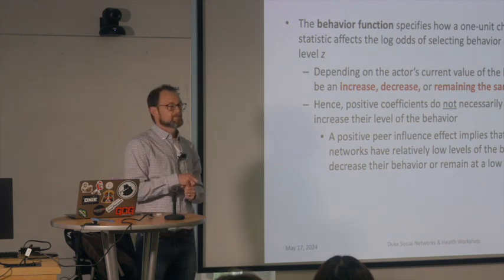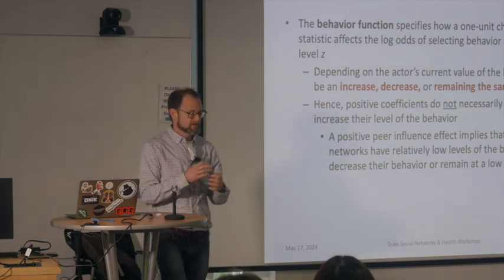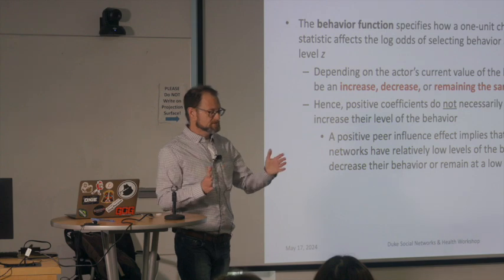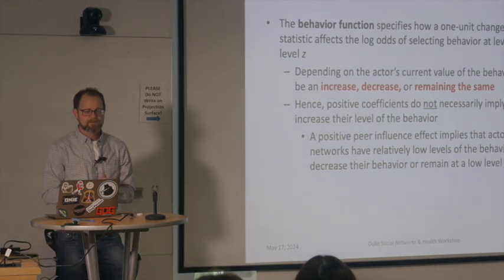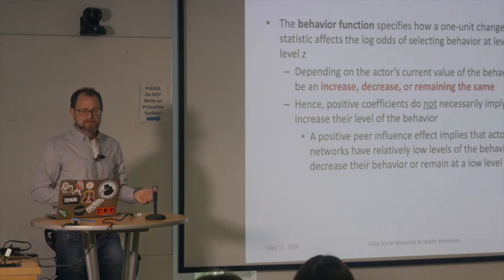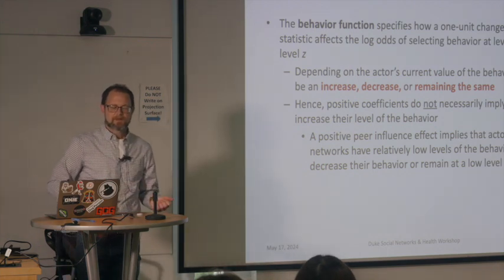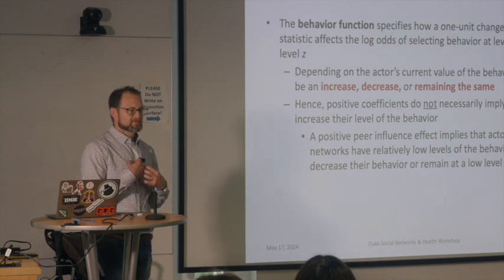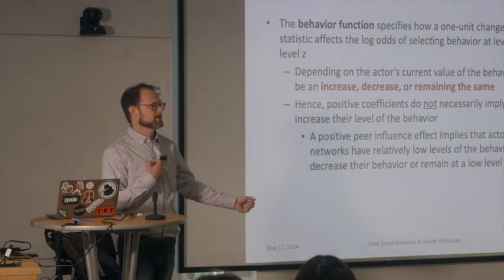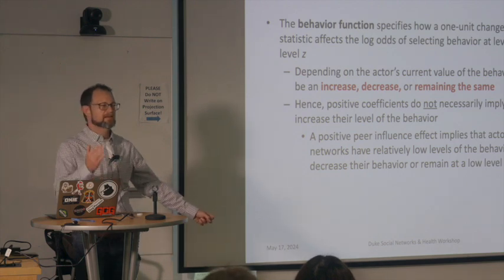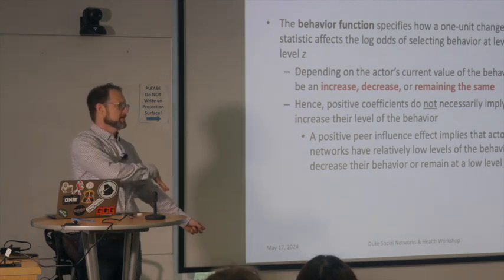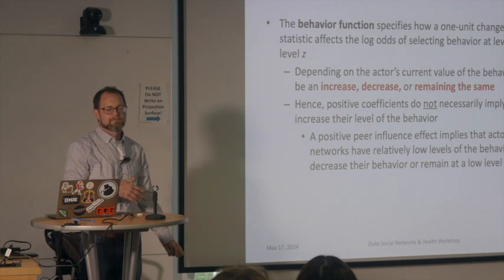Take a positive peer influence coefficient. You might say, oh, wow, peer influence is positive, so people are increasing their behavior in response to their friends. Well, that's one possibility. But it could also be the case that if my peers aren't smoking, peer influence might lead me to not smoke.